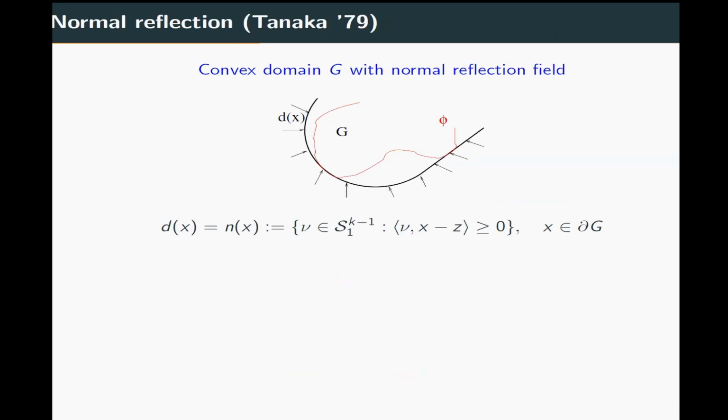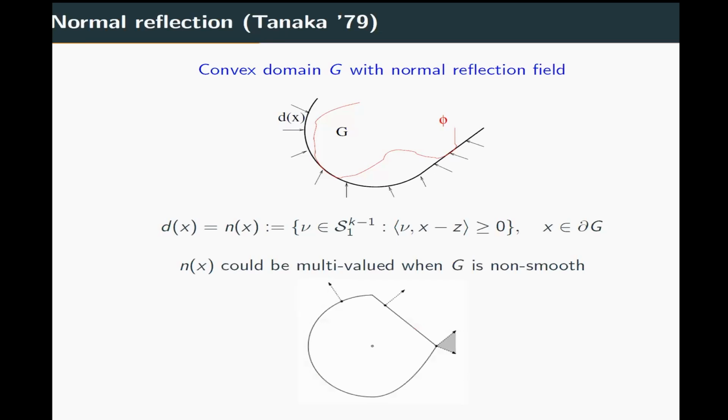Now let's go to convex domains with normal reflection field. Just reminding you that my D on the boundary is now this, and this is how a normal reflection vector field is. When the boundary is smooth, it is nice and single valued, but it could be multi-valued when G is non-smooth. In that case, you have a set of directions that you're allowed to push in rather than just one.